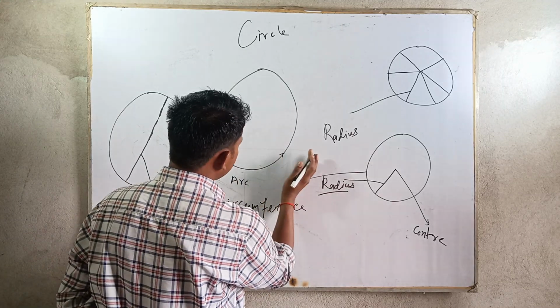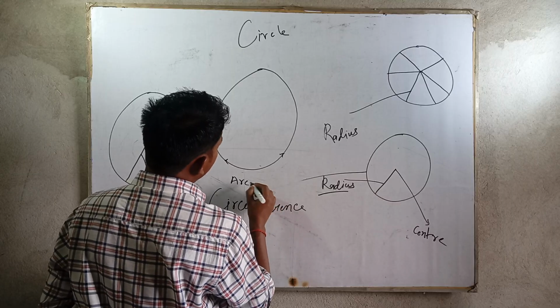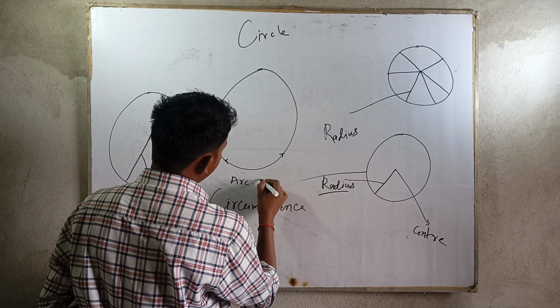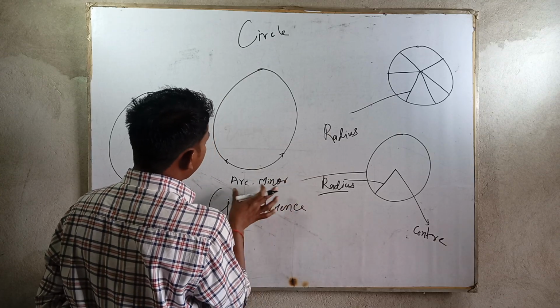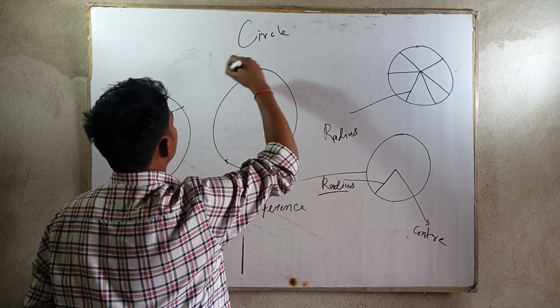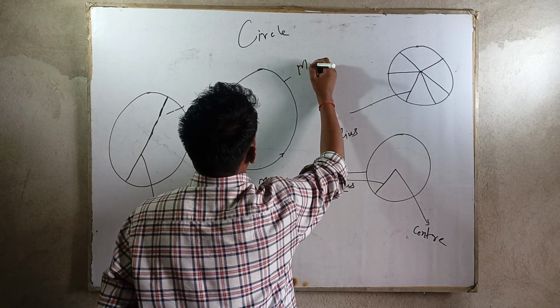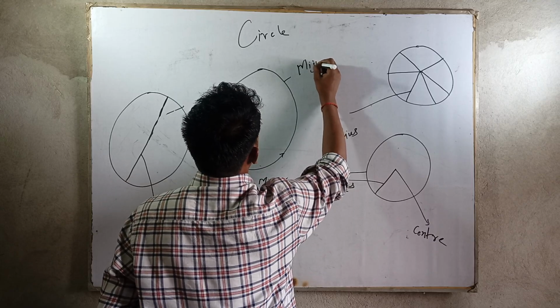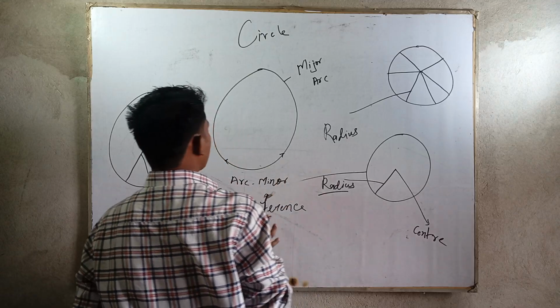A small arc is called a minor arc, and this large one is called a major arc. So you understood about arcs.